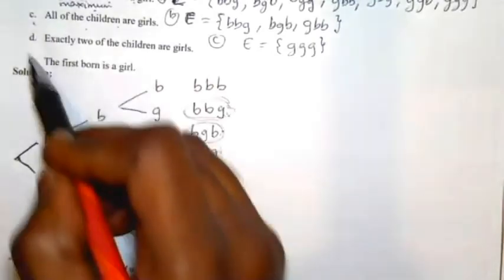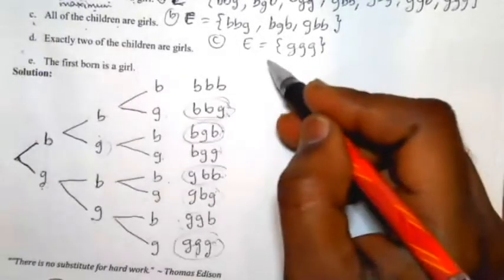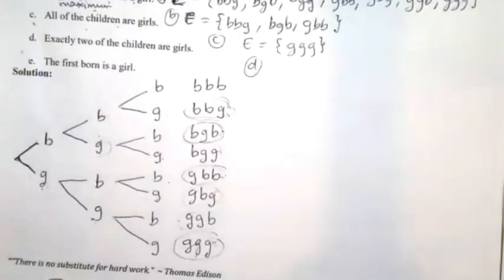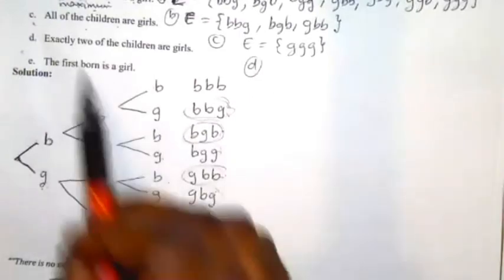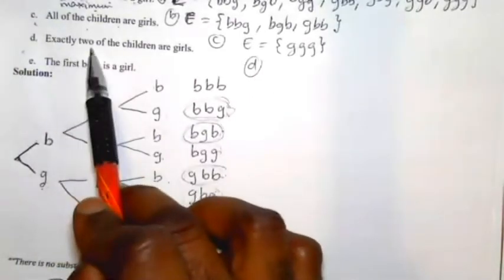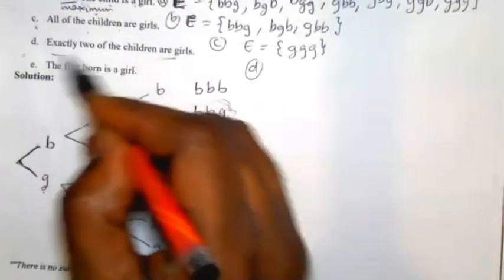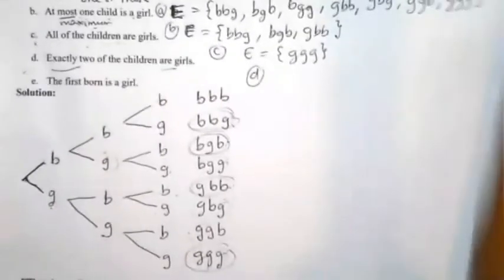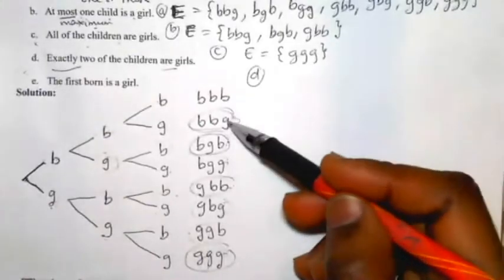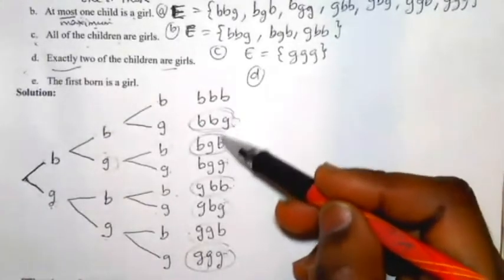Okay, and the last but one, D: exactly two of the children are girls. So which one gives exactly two? If we go through this, we have exactly two.